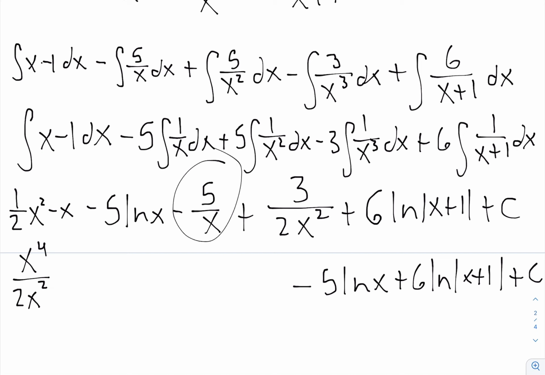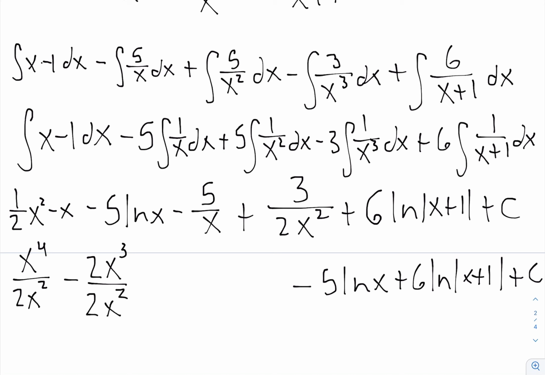But we want that to be the case for this 5 over x, right, and this negative x. So negative x, that's negative x over 1 right now. So we have to multiply the top and bottom by all of 2x squared. So it's going to be minus 2x cubed on the top, because 2x squared times x is 2x cubed, over 2x squared.